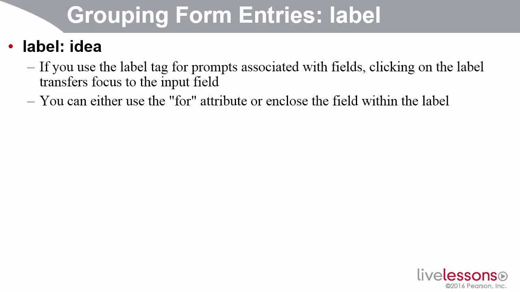And this has a benefit in two ways. One, if you click on the text, the form element is selected. This is very valuable with checkboxes and radio buttons because now, clicking on the text, you don't have to so accurately click on the button, and it will toggle the value of the radio button or the checkbox.